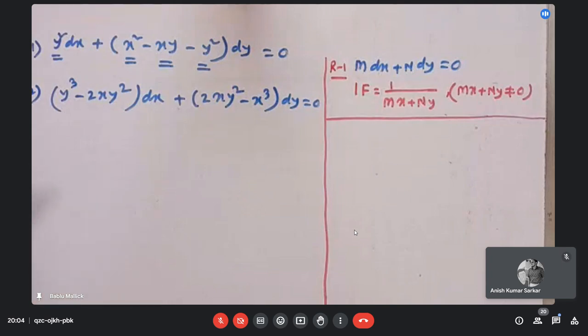Using the first method you will get the solution of every problem, but using your college method you may face some problem, because for the second method you need a simplified value.